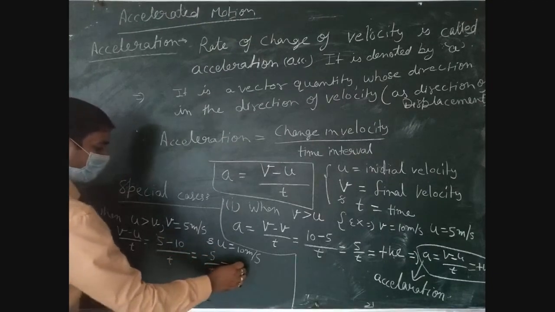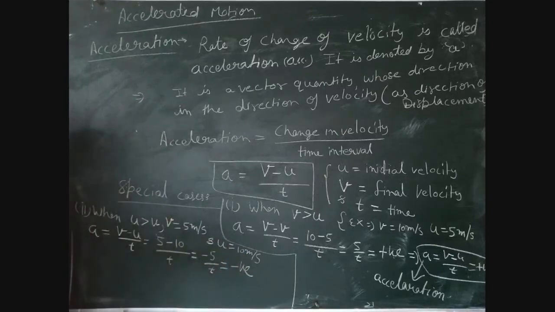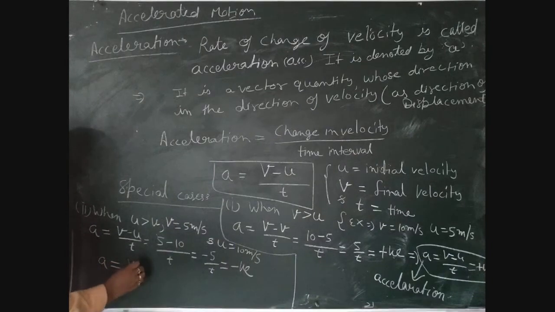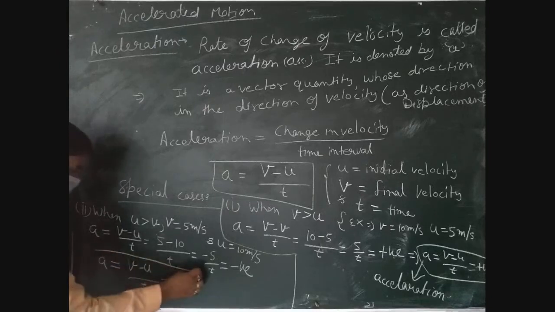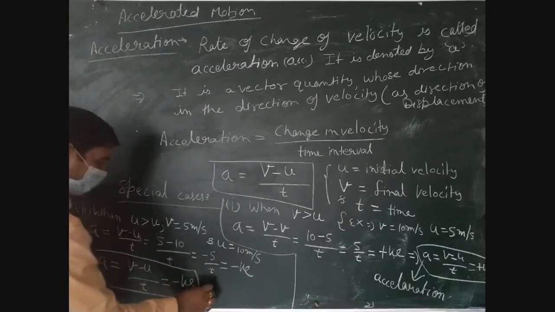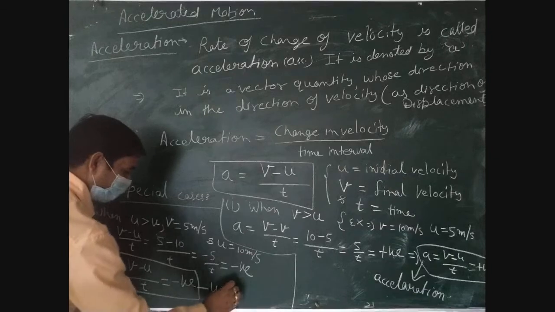That means the value of a is negative. a equal to v minus u upon t is negative when u is greater than v.